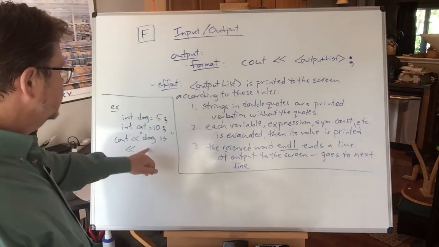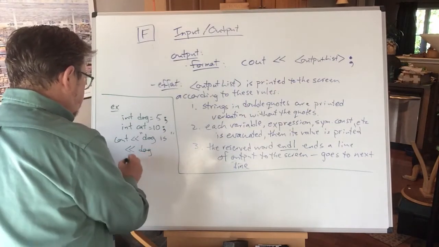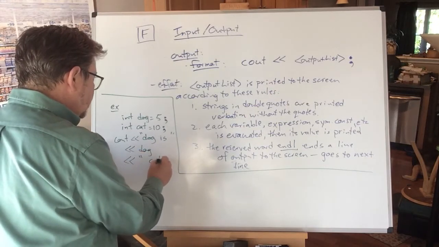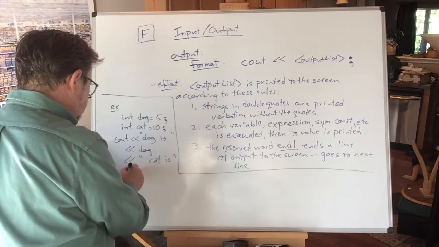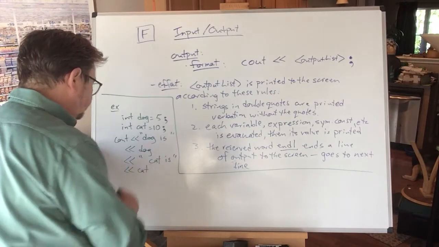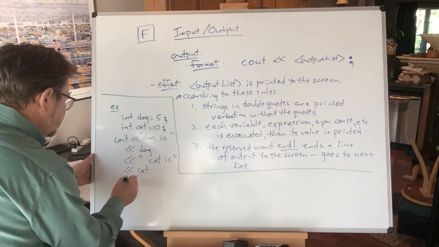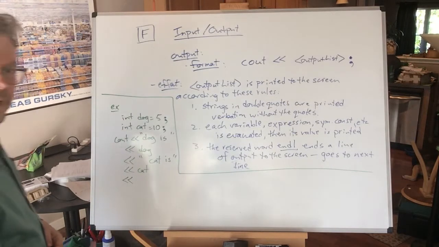So this will print out the string dog is, and then I'll print out the value of dog, and another less than, space, cat is, close double quote, less than, cat, and another less than.